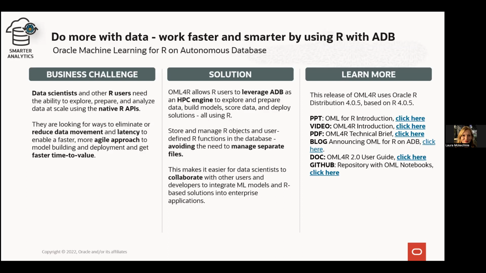But now we've introduced a feature into our OML, Oracle Machine Learning tool, called OML for R, that essentially allows you to write R code and use the database or the autonomous database as your engine to build models, score the data, as well as generate graphics, generate tables and graphs and things like that, which R is very, very good at.